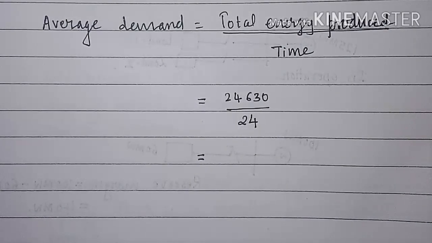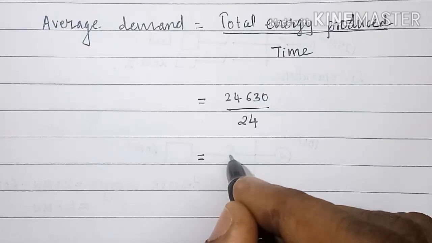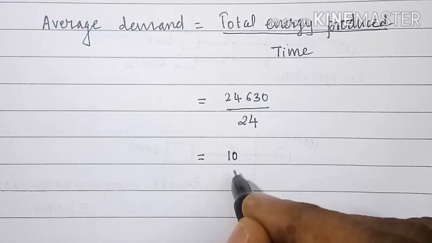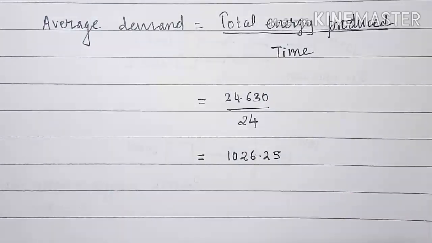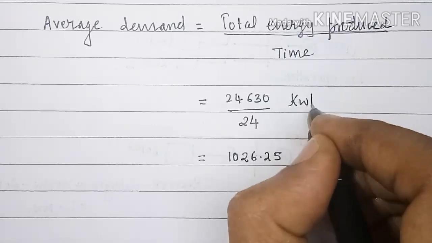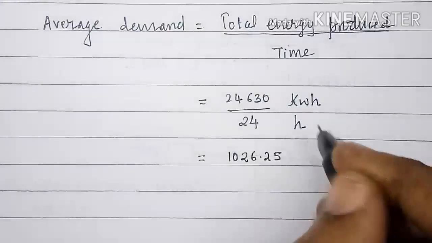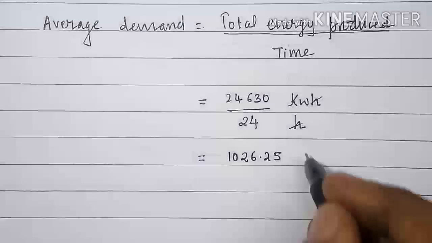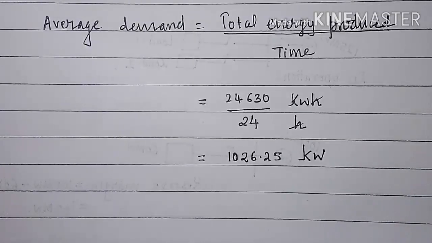On simplification, we get 1026.25. This is kilowatt hour and time is in hour. Hour will cancel, so you get average demand equal to 1026.25 kilowatt.